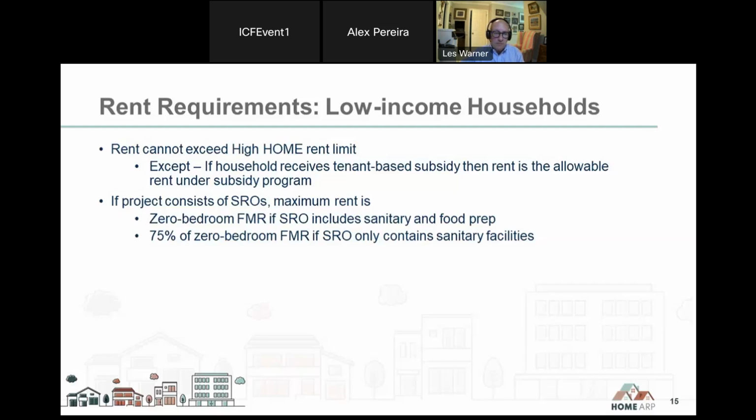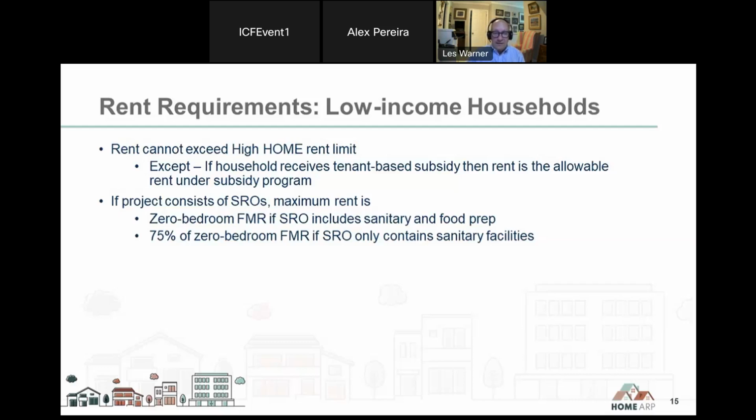The exception to this is when we have a tenant-based subsidy that the contract allows to go above the high HOME rent limit, and then again, that's going to be capped at what we call the contract rent.